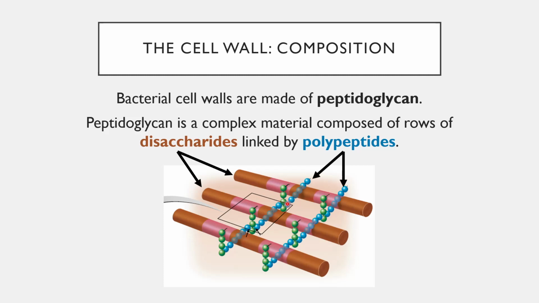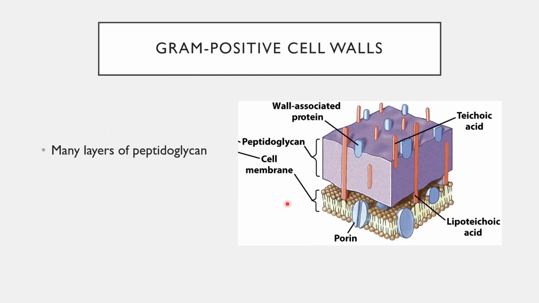The first is the gram-positive cell wall. You may recognize the gram-positive cell wall as being mentioned in our previous lecture when we discussed differential staining and the gram stain. That's what the structure is named for.